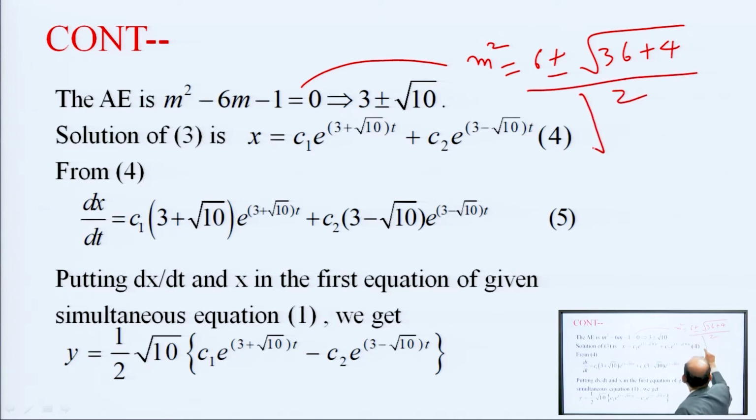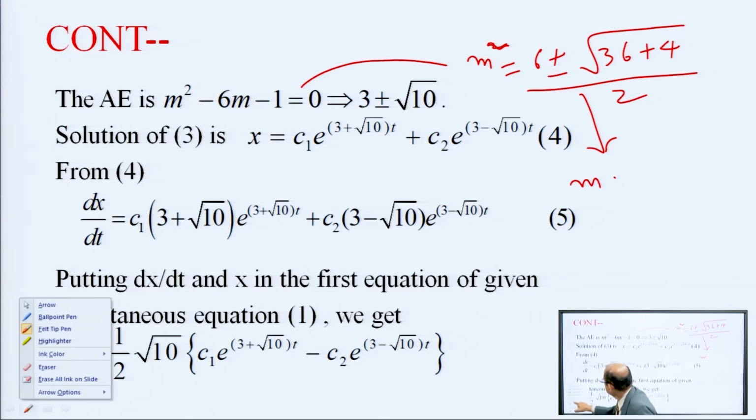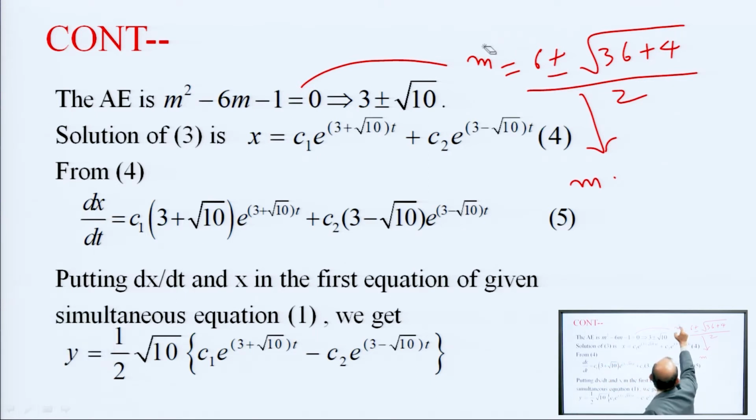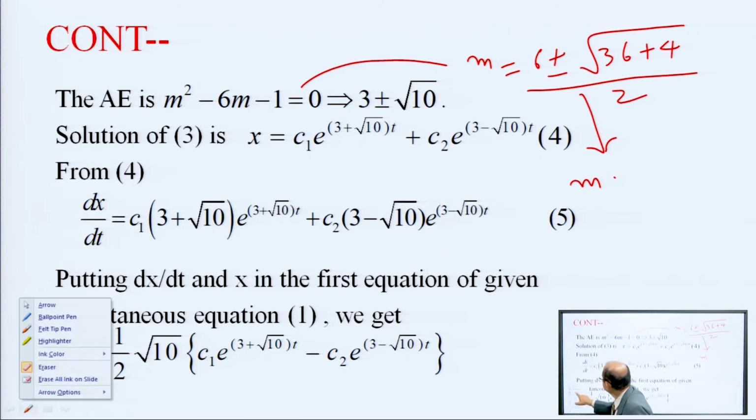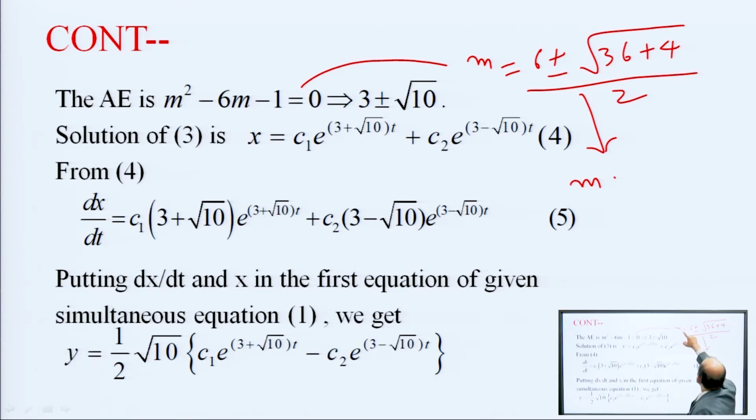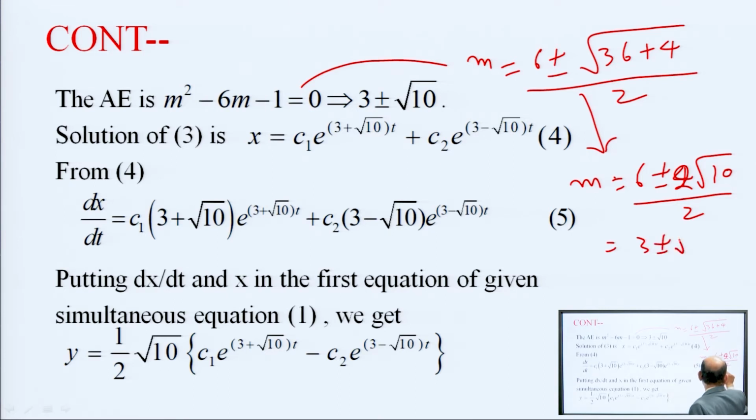So m is equal to 6 plus minus root 40 by 2, which is 6 plus minus 2 root 10 by 2, that is 3 plus minus root 10.